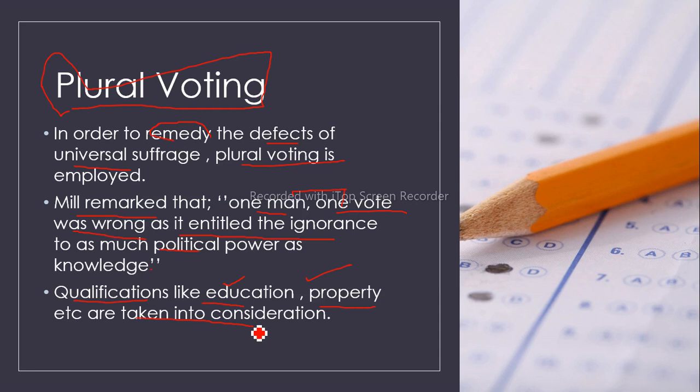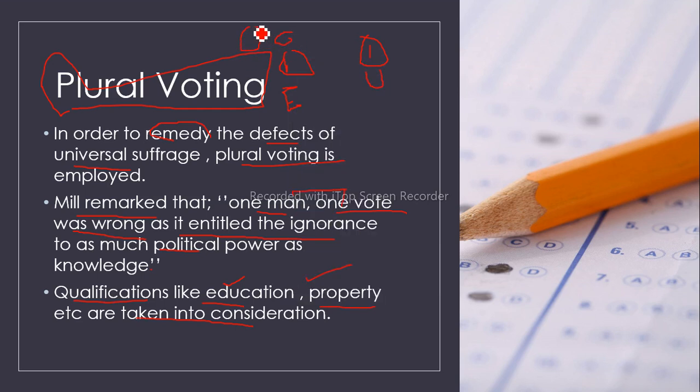Now I forgot to tell you what plural voting actually is. It means that if an educated person is voting and an uneducated person is voting, and if I am the educated person, I will vote 3 times.